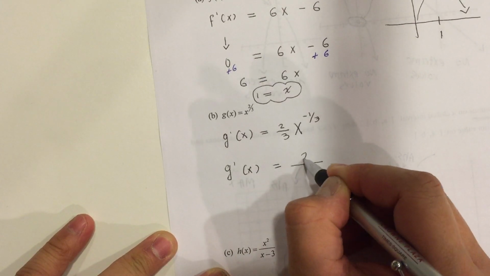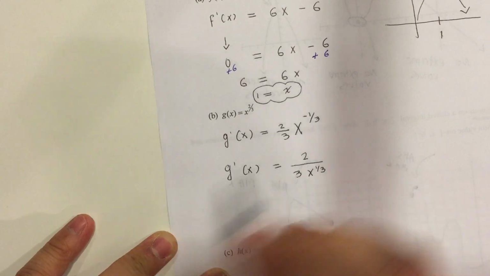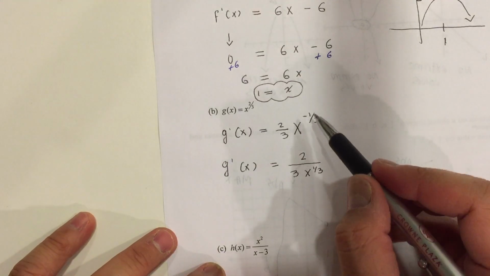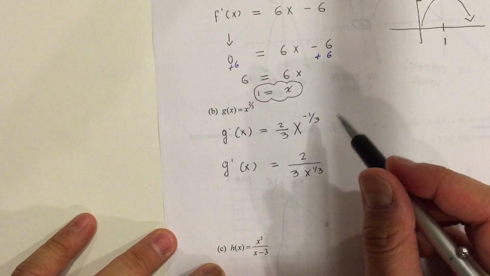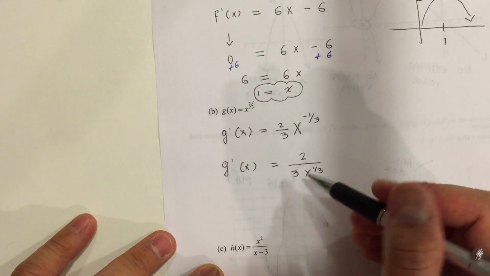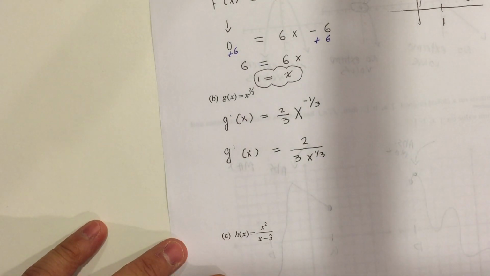Remember that that is usually written, if we write in positive exponent, it would look like this. And so also get used to writing in positive exponent, because from now on, you're going to have to try to find the critical points. And when you write it in positive exponent, it is easier to find the critical point. So how do we find the critical points?